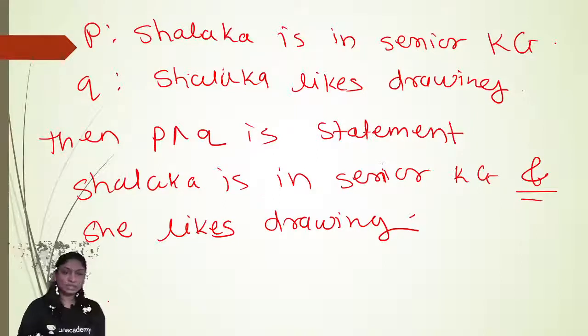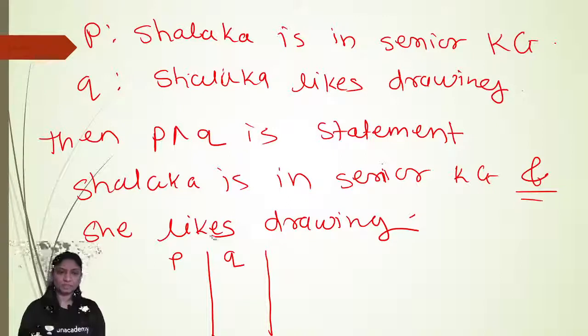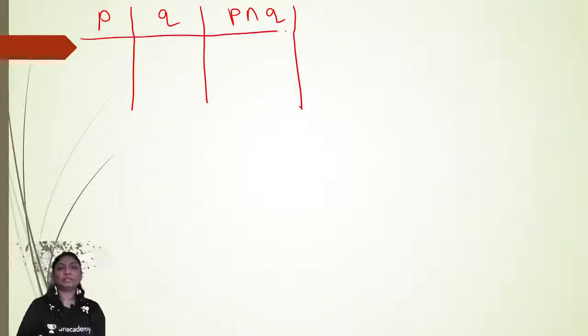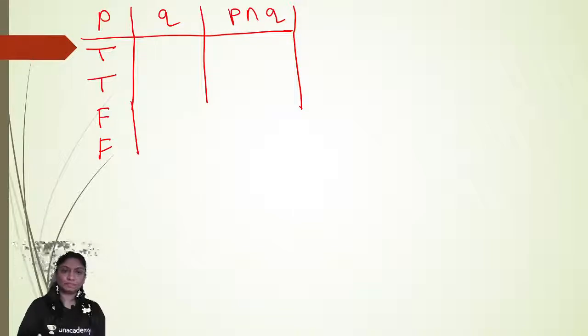So we will see here the truth table of P and Q. Write the statements P, Q and the truth values of P and Q. How do we write the truth table for this conjunction? P: true, true, false, false.